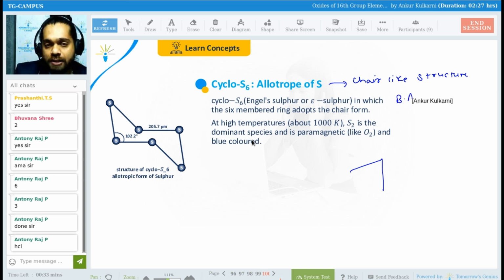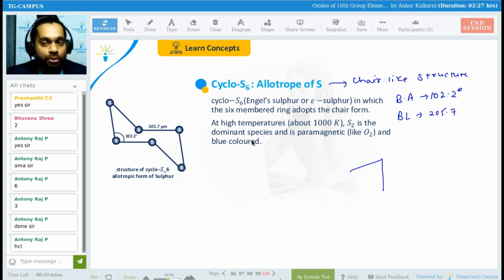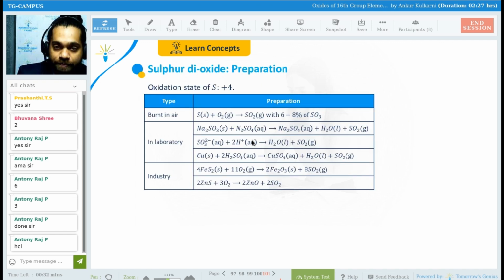Write down: the bond angle is 102.2, and the bond length is 205, double of that. Remember like this: 102 is the bond angle, double of that is the bond length, in picometer. Is it clear till over here, everyone?